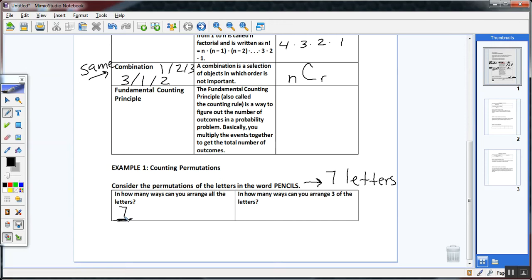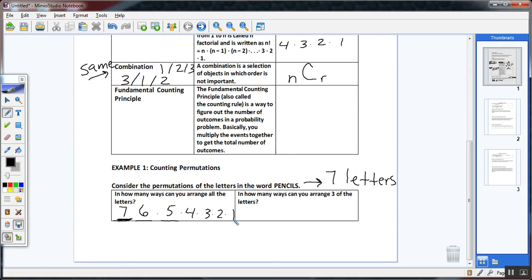Now, once that first one's taken, how many letters do you have to choose from for the second one? How about the third one? And down to what? And kids, if I go all the way down to 1, this is the same as saying 7 times 6 times 5 times 4 times 3 times 2 times 1.